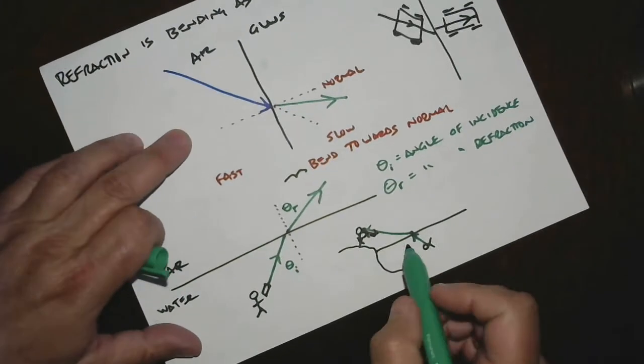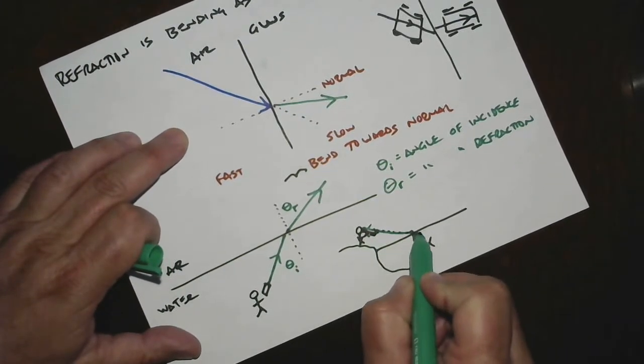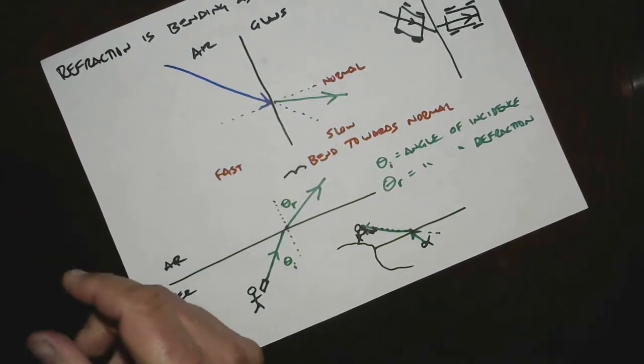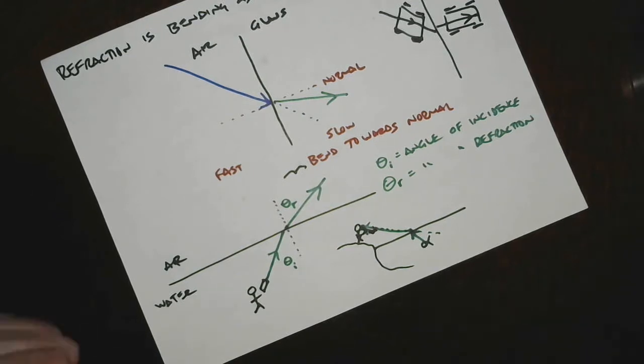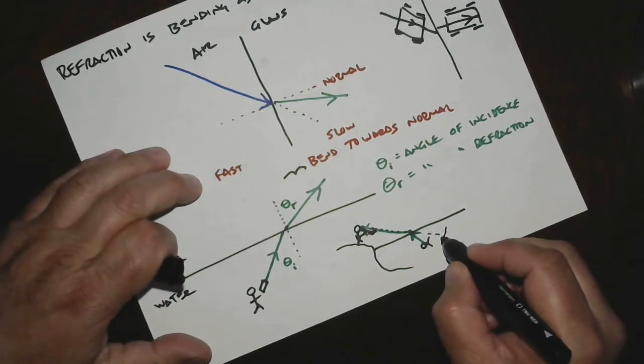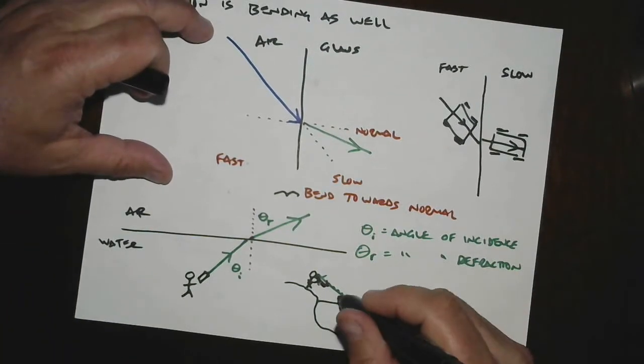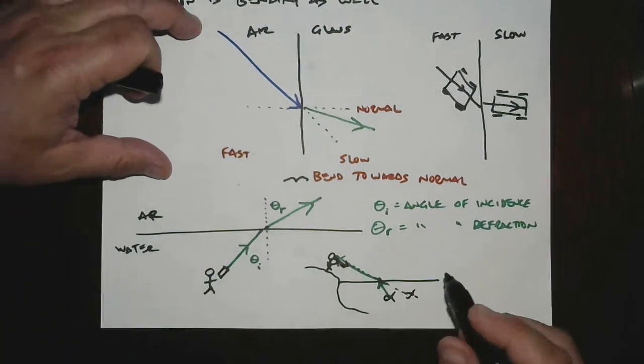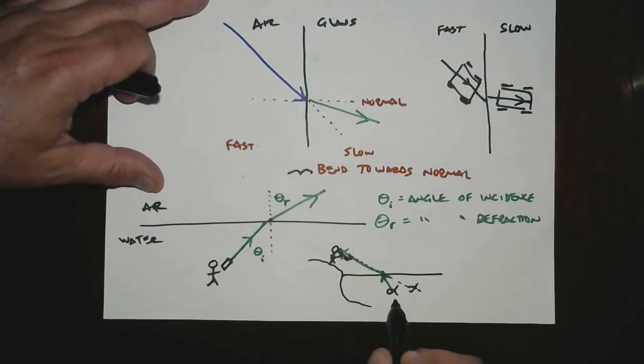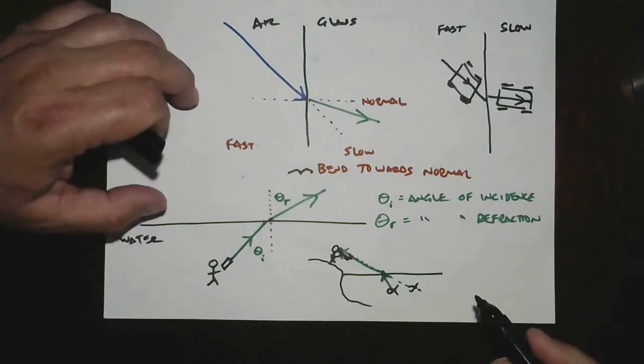Now you, unfortunately, think that the fish is back along this line, so you think that the fish is over here. And so you throw your spear over there, and unless the spear refracts like light does in the water, you're not going to hit the fish. You're going to miss it.